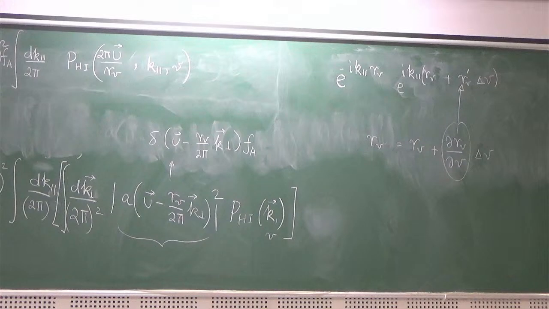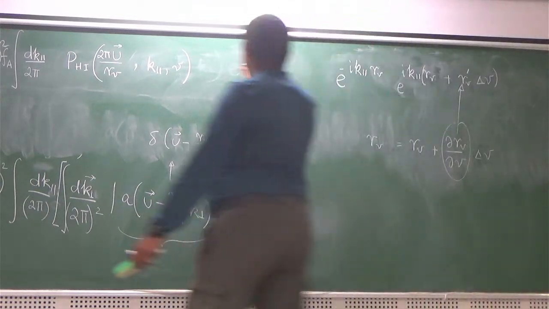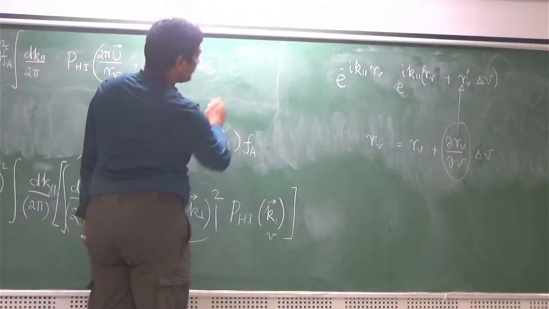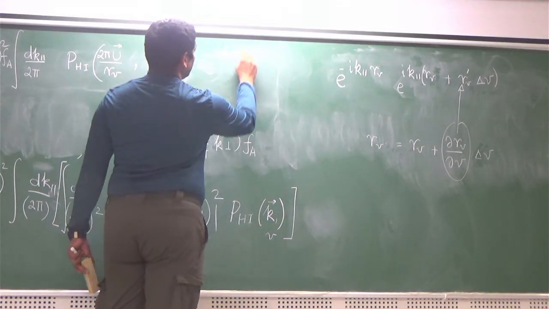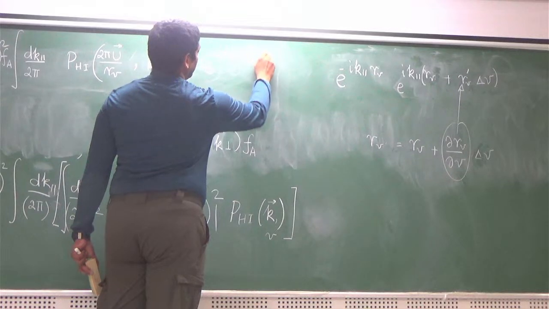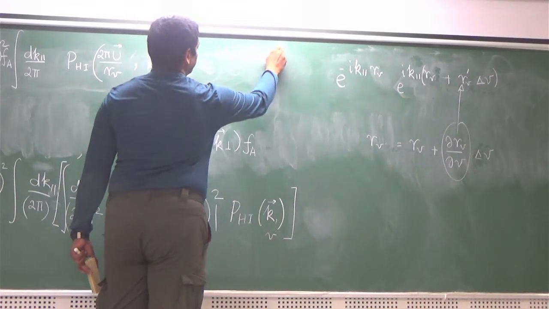Previous thing is already wiped out. What was the sign? So it's fine. So I'll get this extra factor which is e to the power i k parallel r prime nu delta nu.